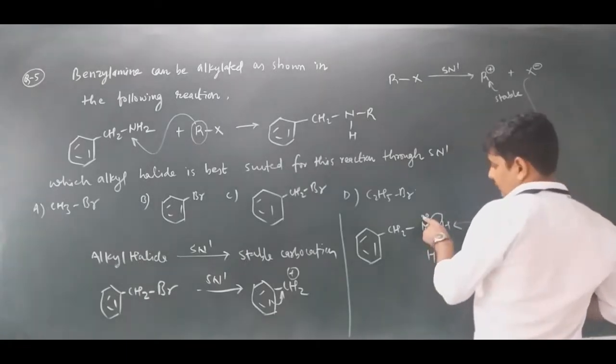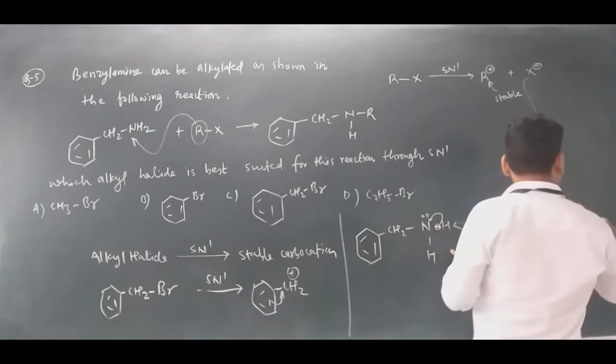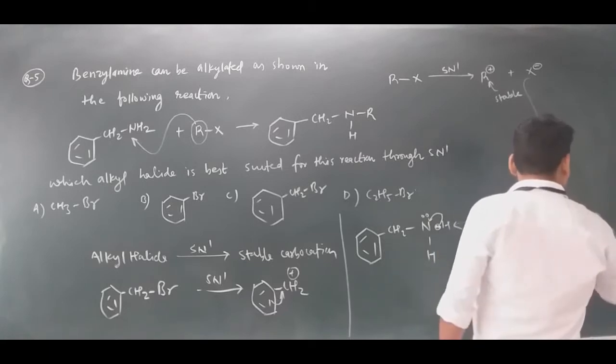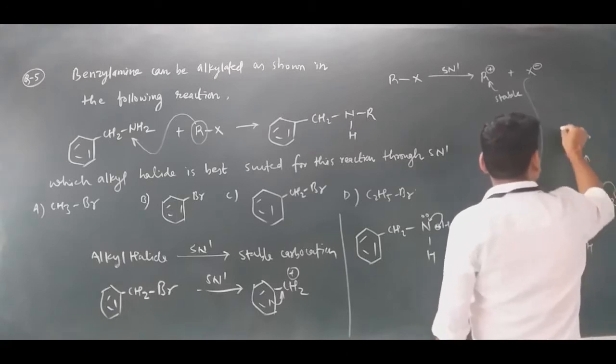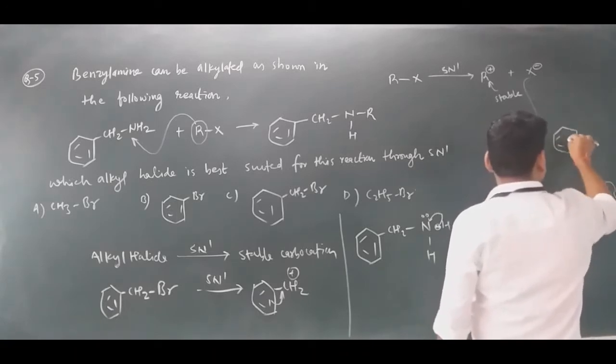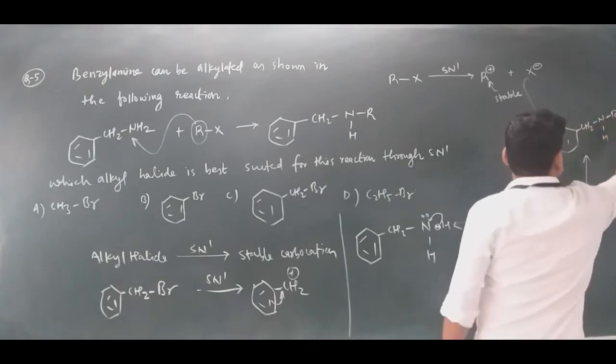The one lone pair was from the beginning, and after taking this electron from hydrogen, this electron will also come as a lone pair, N minus, and this is H. Now R plus will come at this minus, forming this.